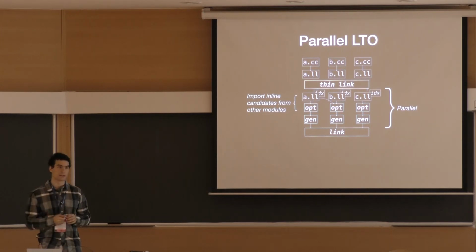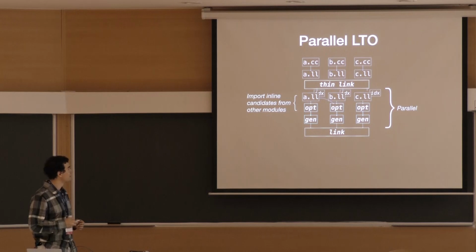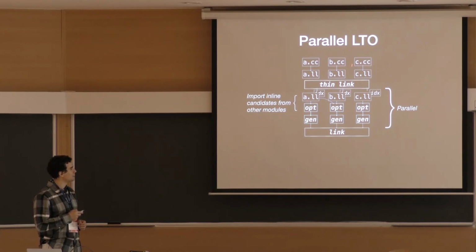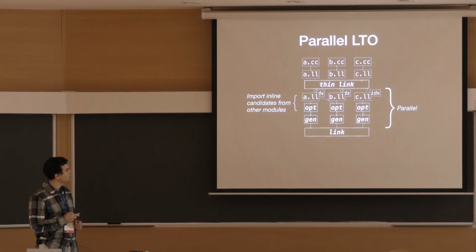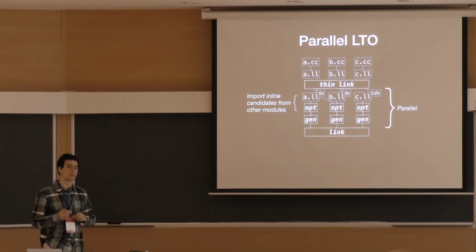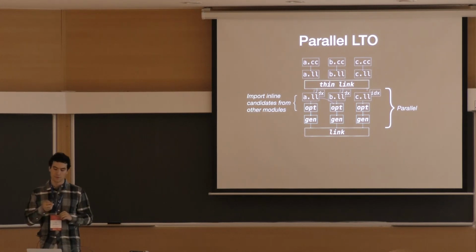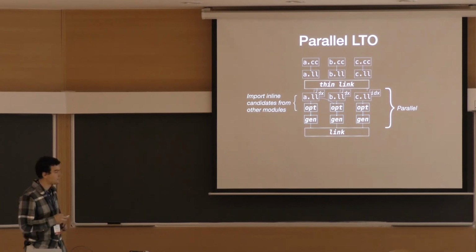This is pretty complex, so we're going to work step by step. We still start by generating the intermediate representation for each file, and this is okay because we can do it in parallel again. Then there's this new step called thin link, which is some sort of indexing process for each of these intermediate representations.